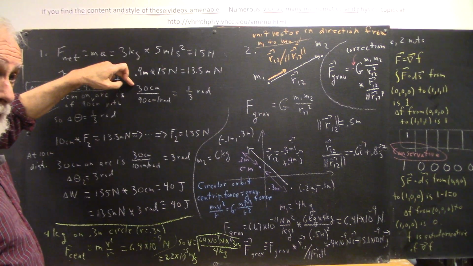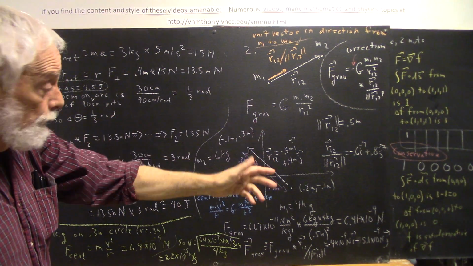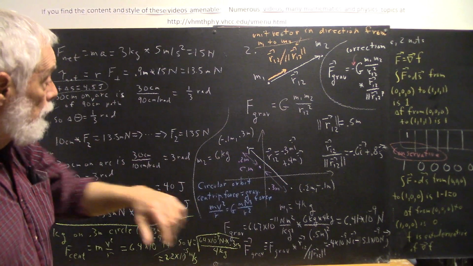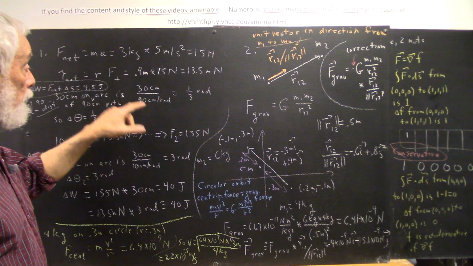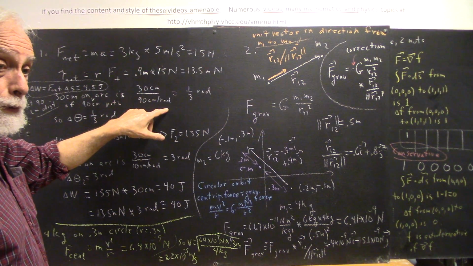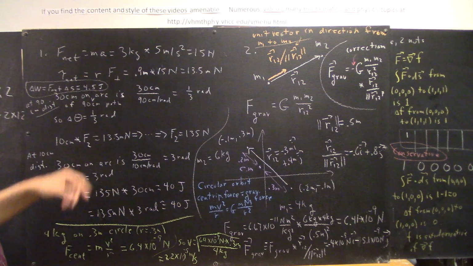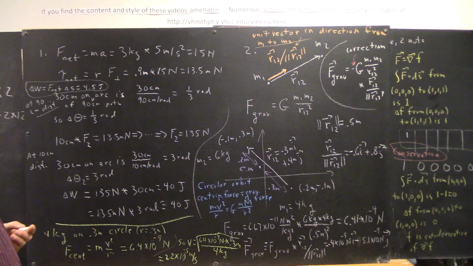You would have to move 90 centimeters along the arc to complete a radian. So it's 30 centimeters divided by 90 centimeters per radian, which gives us 1/3 of a radian. So the angular displacement is 1/3 of a radian.